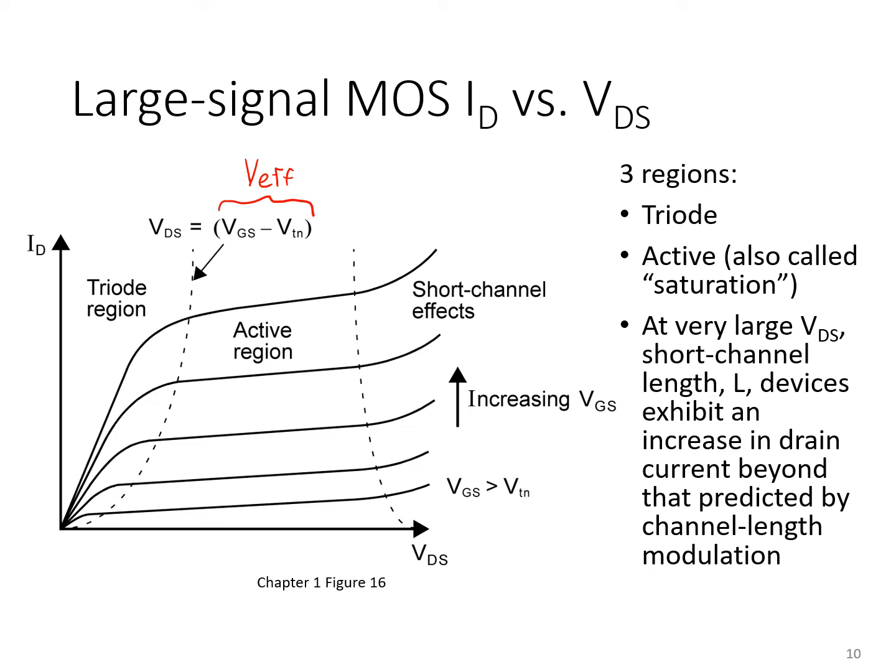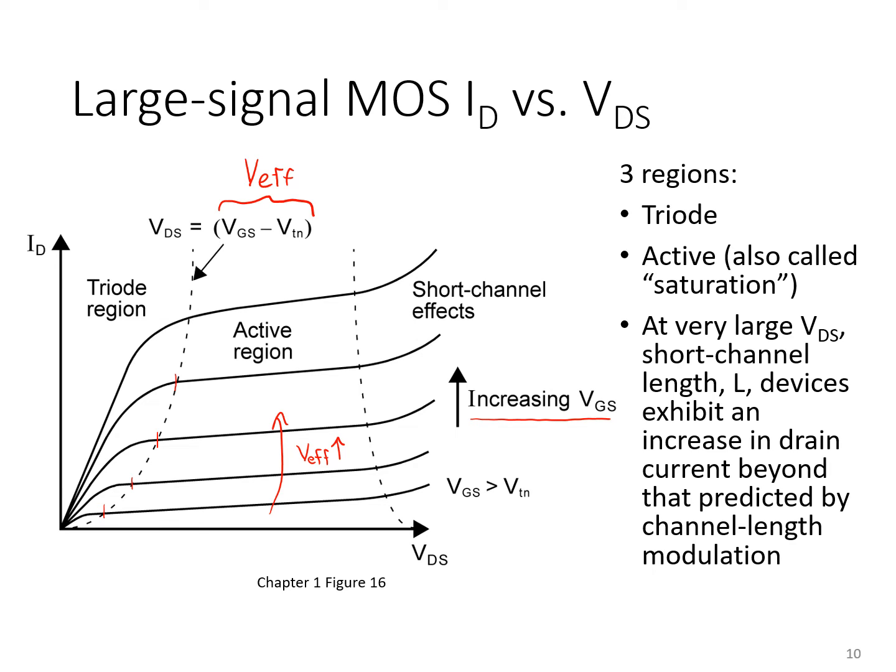Now we're showing this plot here for various values of VGS. So as you go from one of these curves to the other, what's happening is V effective is increasing. And so as it does, the transition between triode and active region also increases. Now also shown here are so-called short channel effects, which arise at very large values of VDS.